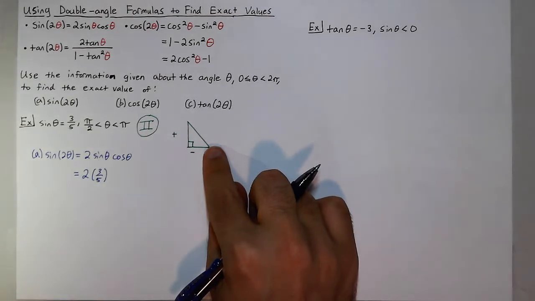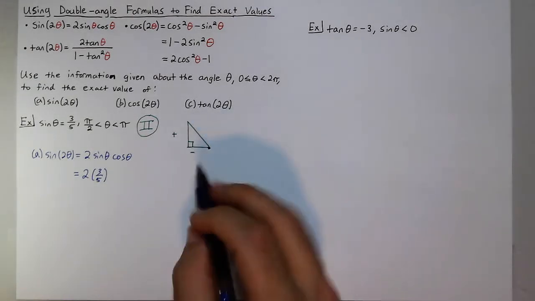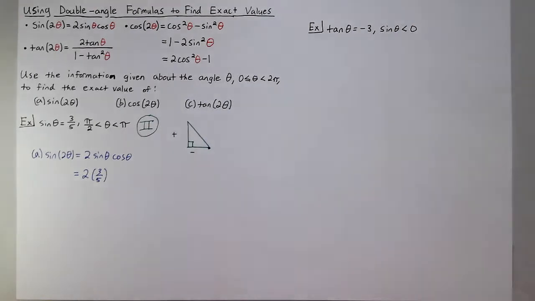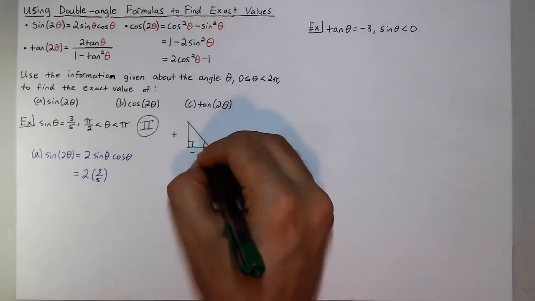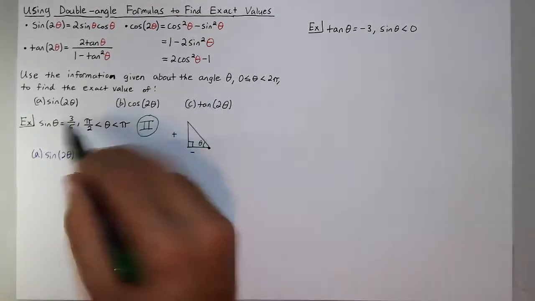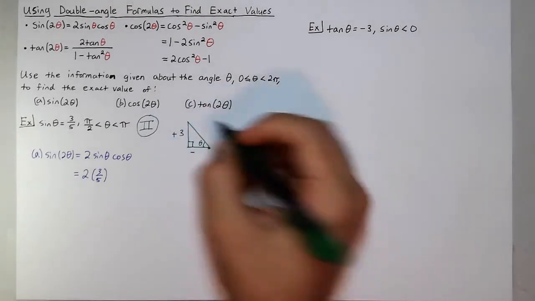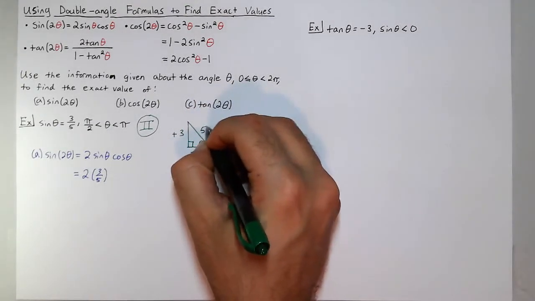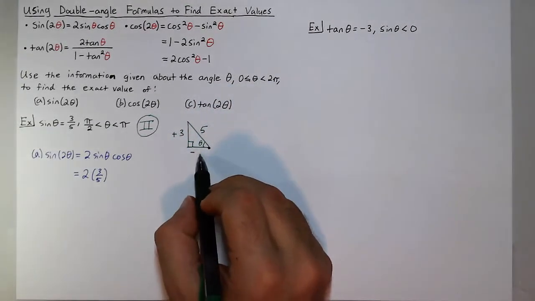So for this reference angle here for theta, I know that sine is opposite over hypotenuse, so 3/5, and I need to find the adjacent side.